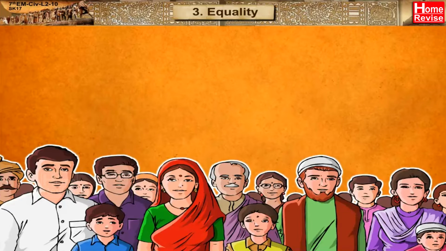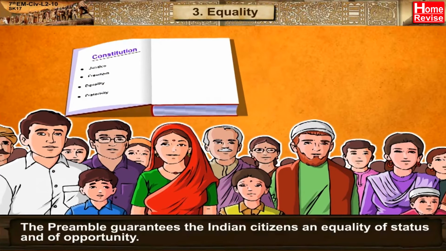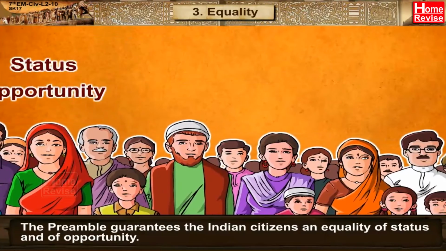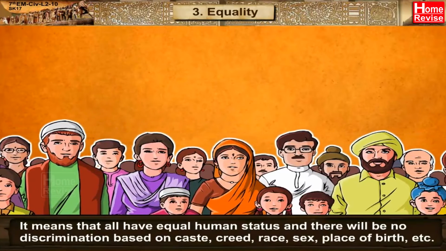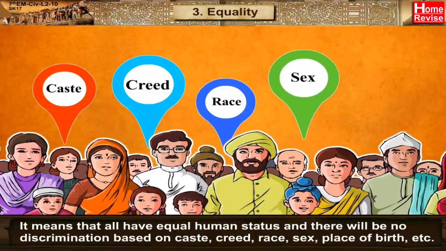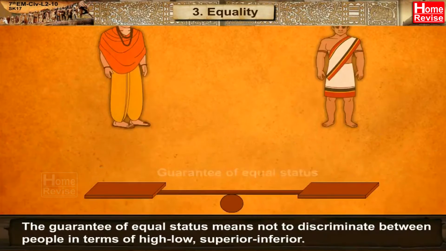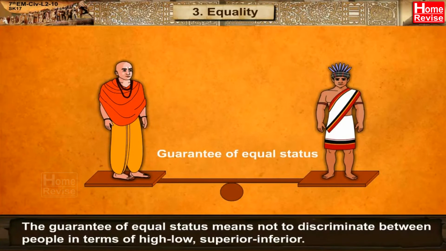3. Equality. The Preamble guarantees the Indian citizens an equality of status and of opportunity. It means that all have equal human status and there will be no discrimination based on caste, creed, race, sex, place of birth, etc. The guarantee of equal status means not to discriminate between people in terms of high, low, superior, inferior.